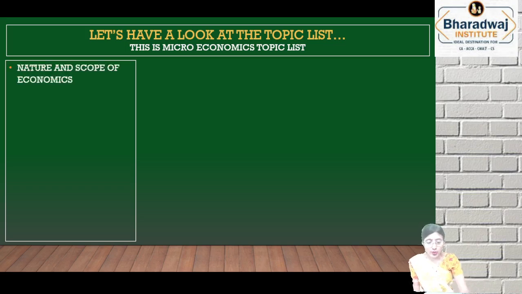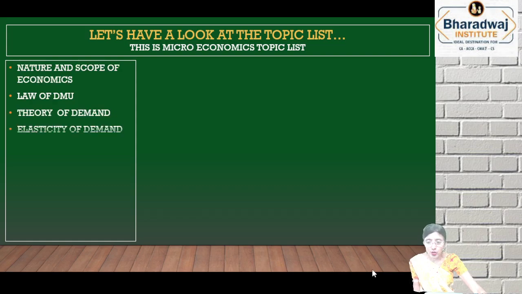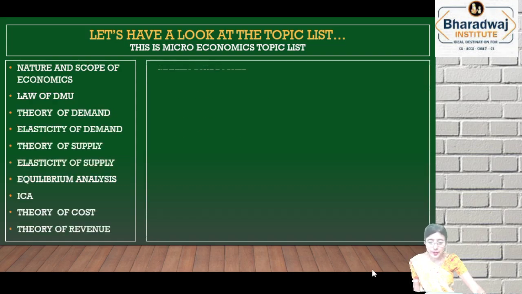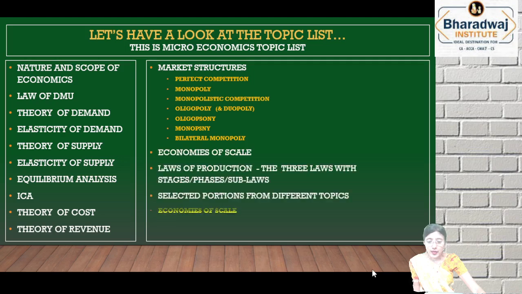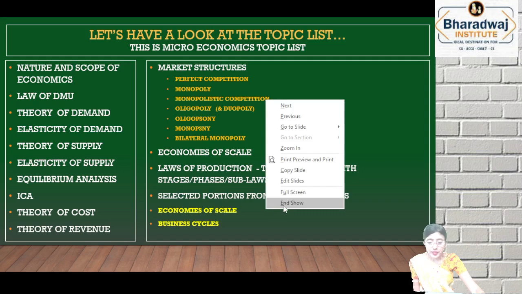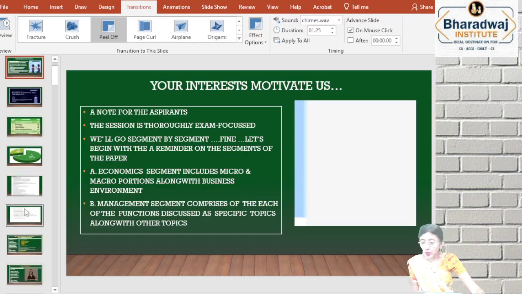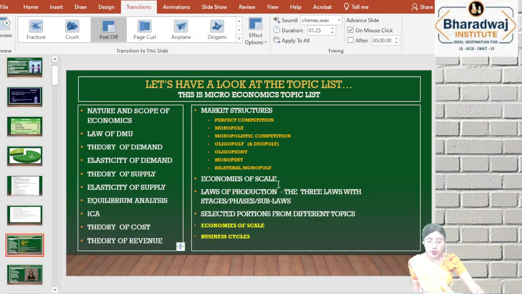Now in micro, you have to be prepared with all these topics. Today we are planning to start here. Probably we can at least reach up to cost, so that tomorrow we can have the whole of market structure, economies of scale, and so on.